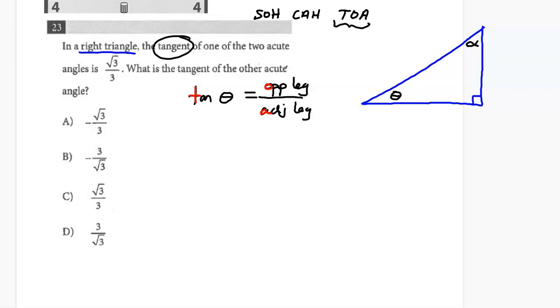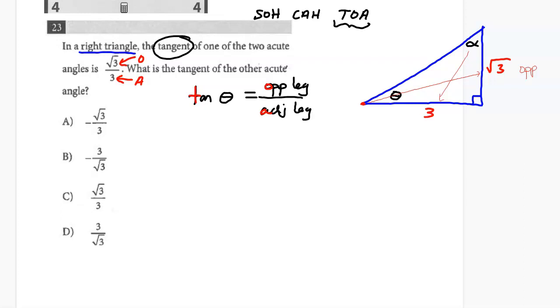So tangent of theta means if I'm standing here, my point of view is from that angle, the opposite leg goes on top. So the opposite leg would be radical 3. I'm going opposite across to the far side. And then the adjacent leg is the leg that's right next to me. That would be the bottom number, so the bottom number is 3. That's the A.